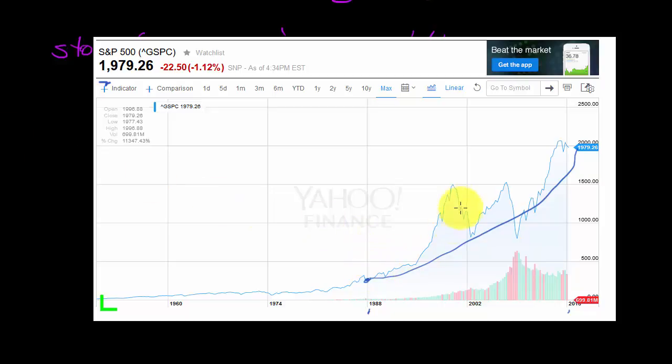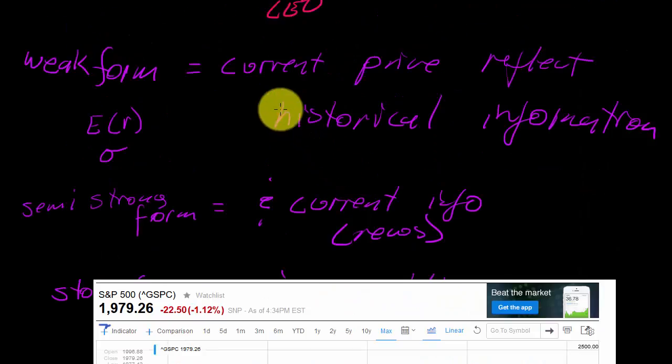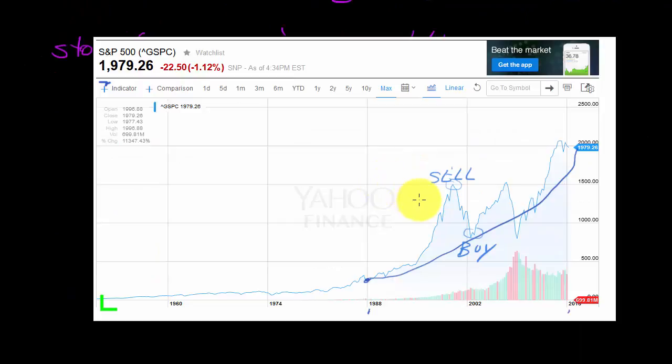But active investors believe that they know when this is going to happen and when this is going to happen. So they would sell their portfolios up here and they would buy their portfolios down here. Now, here's the rub. If the efficient market hypothesis says that current prices reflect all the information that's available, historical information and current information particularly, then we all know what's going on here.